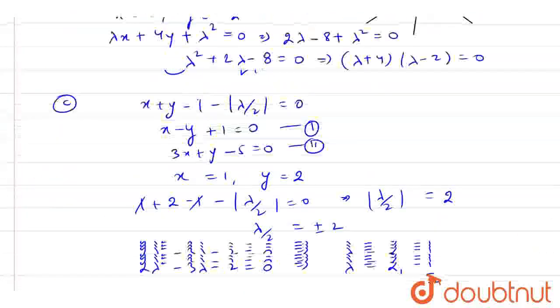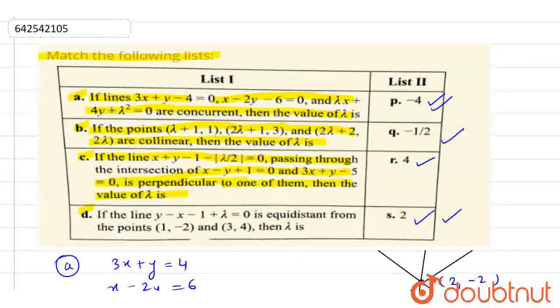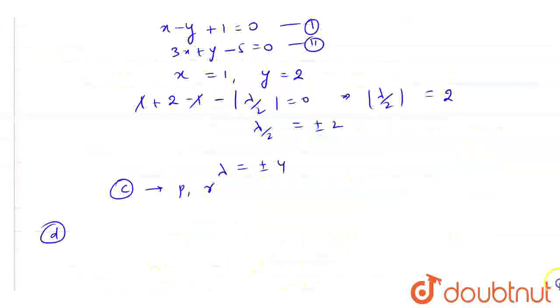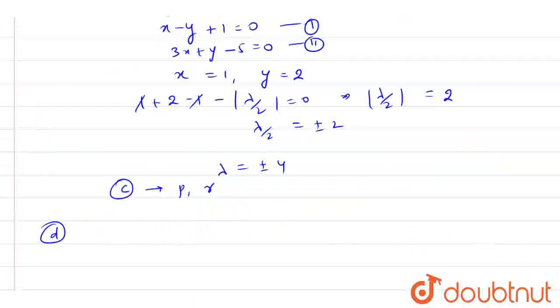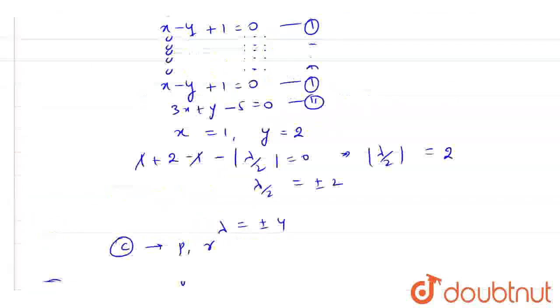Now let's solve part D. Part D is saying if the line y minus x minus 1 plus lambda equals 0 is equidistant from the points 1 comma minus 2 and 3 comma 4, then lambda is what? So we have our line as y minus x minus 1 plus lambda, or you can say x minus y plus 1 minus lambda equals 0.